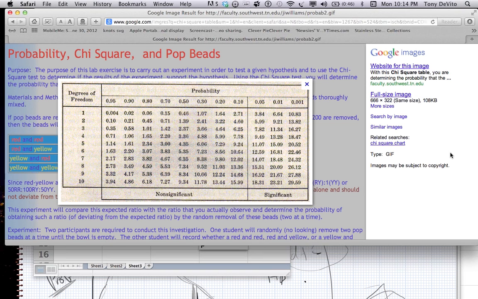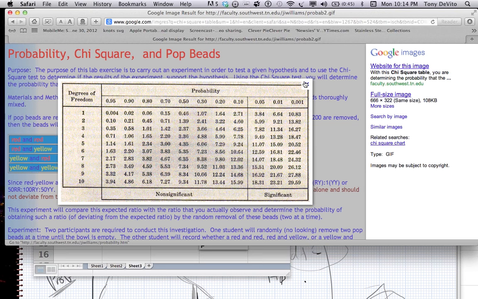How big does chi-square have to be? Exactly right. Chi-square has to be 9.49 or larger before I can reject the null hypothesis that there's no difference in the rate of recycling among males and females, where there's no relationship between gender and recycling. Okay, good, excellent.